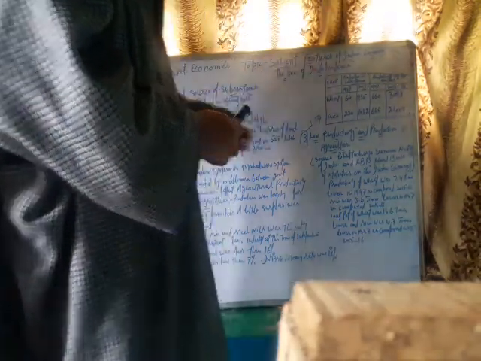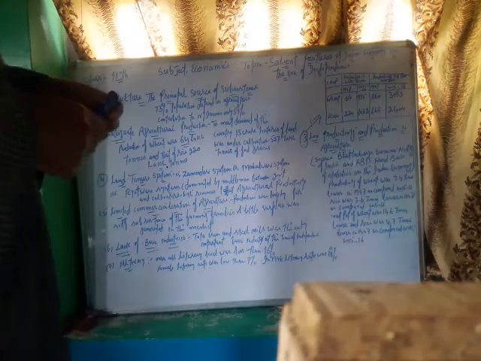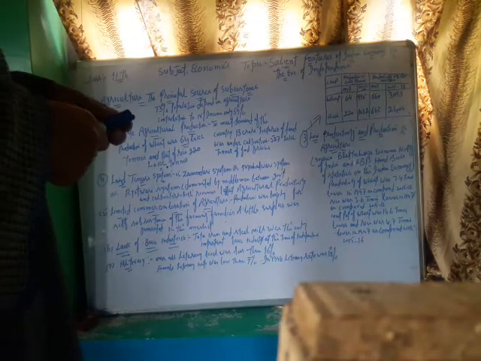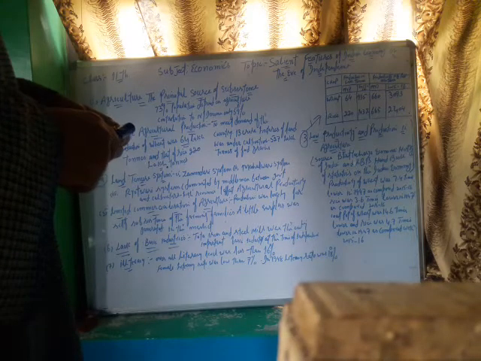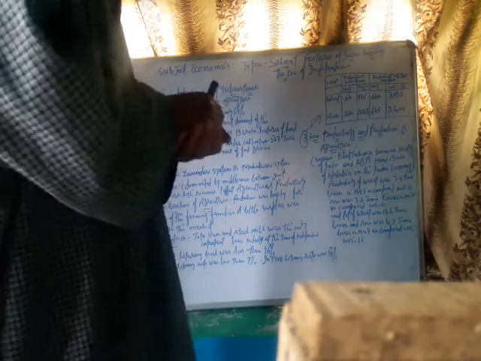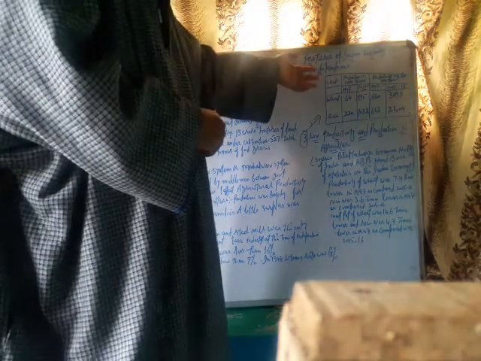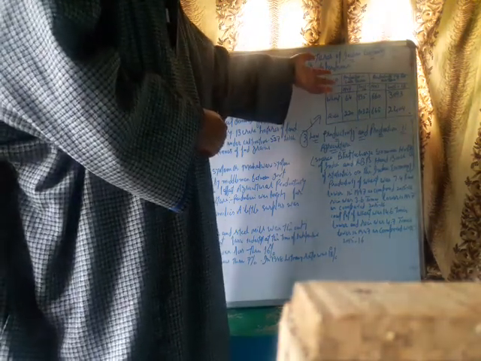Its source is Bhattacharya's Economic History of India and RBI's Handbook of Statistics on the Indian Economy. It is the source of the table which we were discussing.